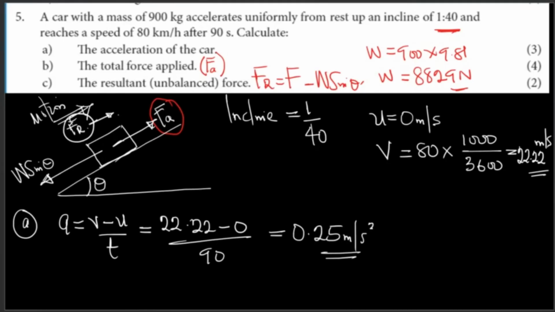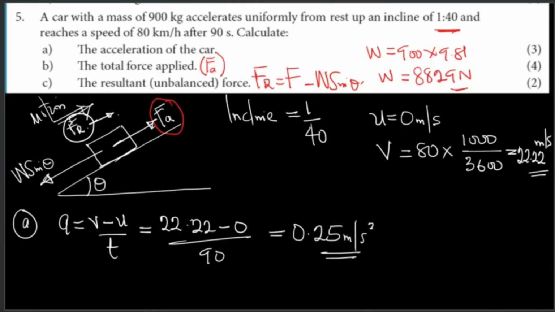The resultant force is the effective force, the force that will cause the mass to move up the incline. I can easily say that the resultant force is the same as the accelerating force. So we have the applied force, and then we have the component of the weight parallel to the incline plane that will try to drag the weight down.